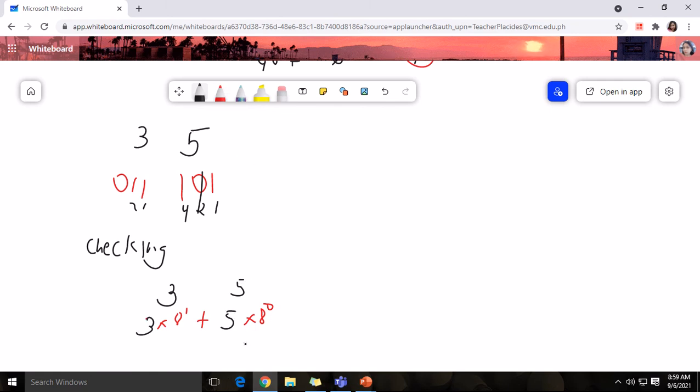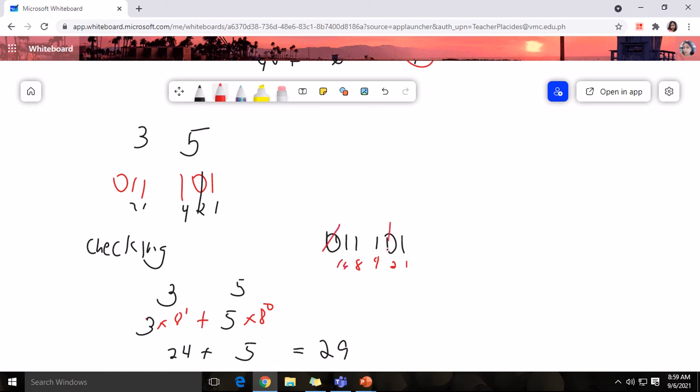Again, 5 plus 24. So in checking, the correct answer is 29. If we call the binary 0, 1, 1, and then 101, it will be 1, 2, 4, 8, 16.